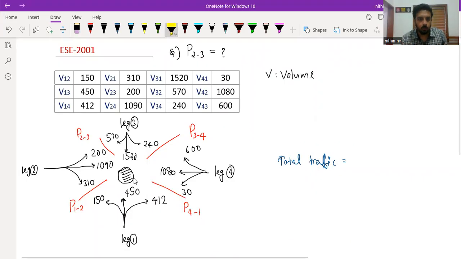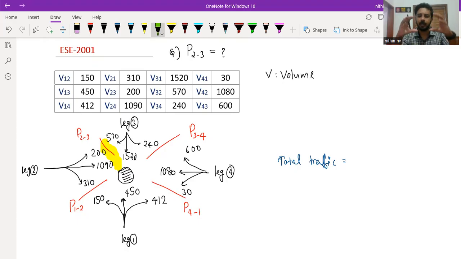So between leg 2 and 3 means this portion. Whichever vehicles are using that particular location, that's what we need to consider now. That is the meaning of total traffic. We are only writing simply total traffic, but actually it is the total number of vehicles which are using that particular section under consideration.